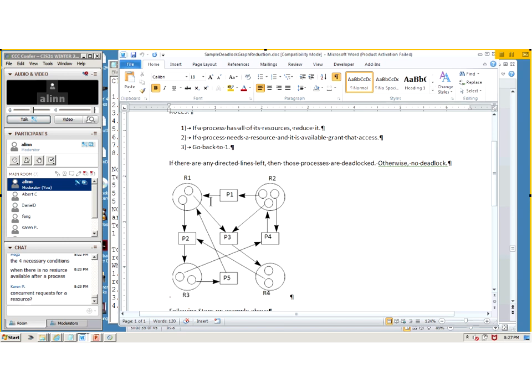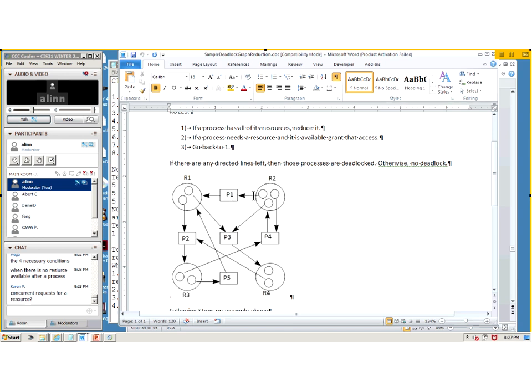First, let's look at the diagram. I'm using circles to indicate resource type and squares or boxes to represent processes. It's kind of different than the way the book does it, but you get the idea.